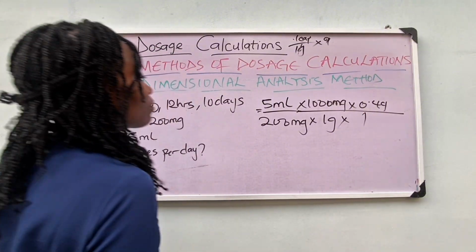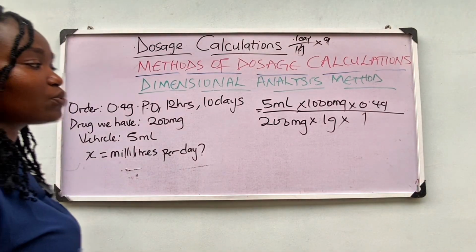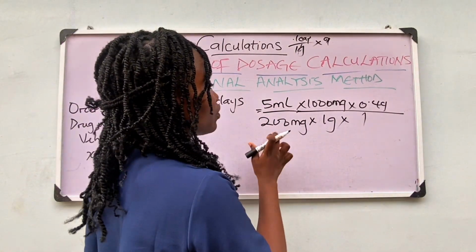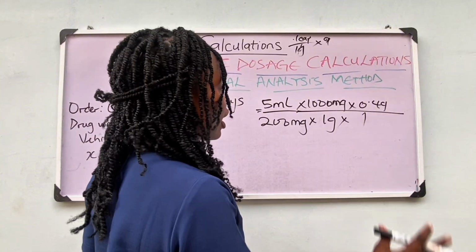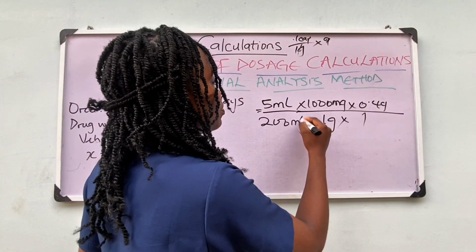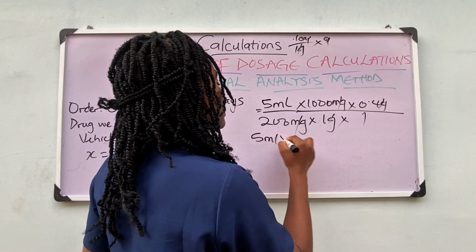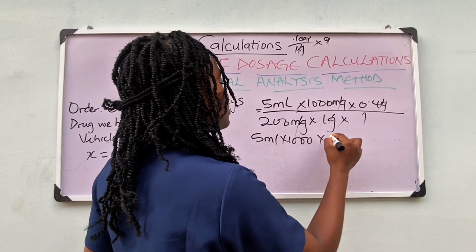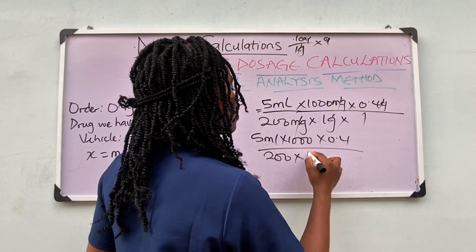So when we want to solve this, we're going to finally solve it to know the amount of mL we will give per dose, before we talk about 12 hourly and 10 days. So milligram will cancel milligram, gram will cancel gram. We'll have 5 mL times 1,000 times 0.4 all over 200 times 1.